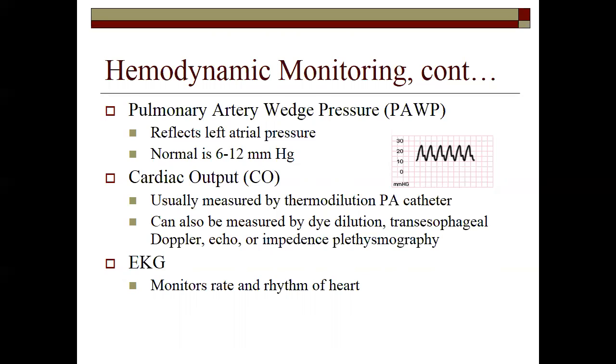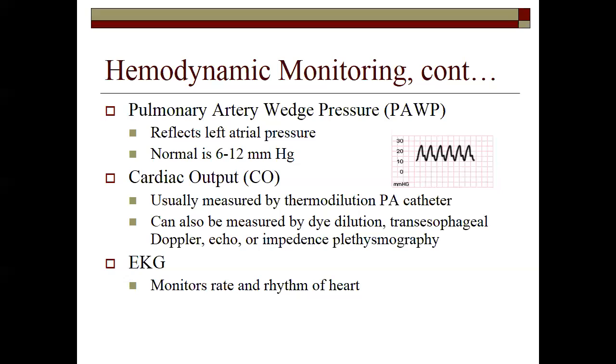This catheter is placed, however it goes, and we place it up through the vena cava, and it comes to lodge the tip of this catheter in the pulmonary artery. For thermodilution, we inject usually cold saline through this. It measures the temperature here, and it measures the temperature here, so it's doing a mathematical calculation of the temperature variance to determine cardiac output.